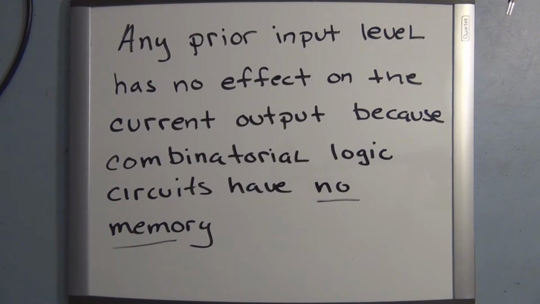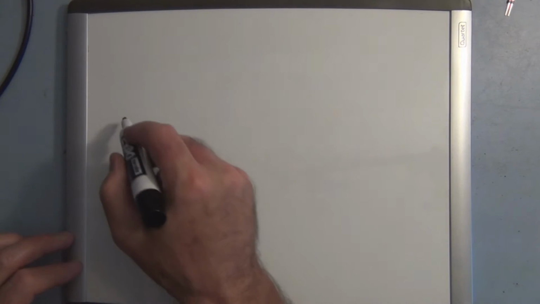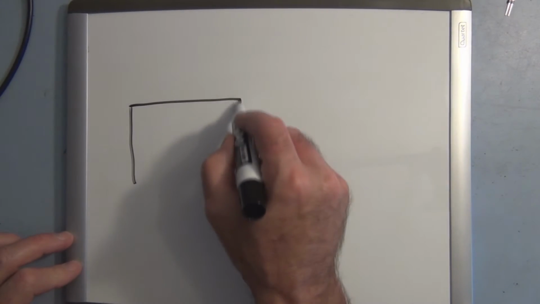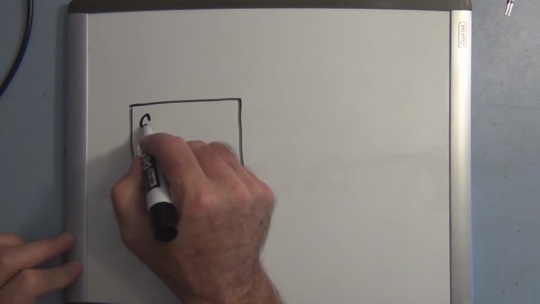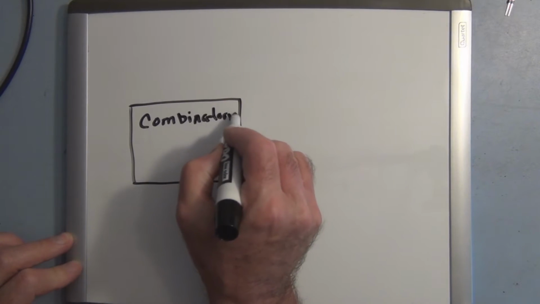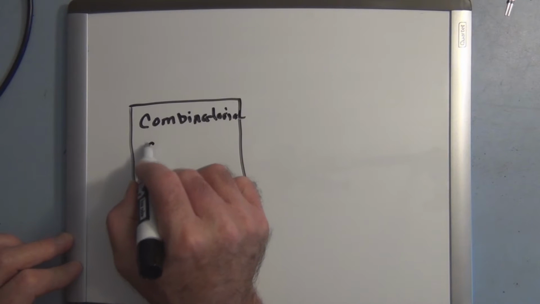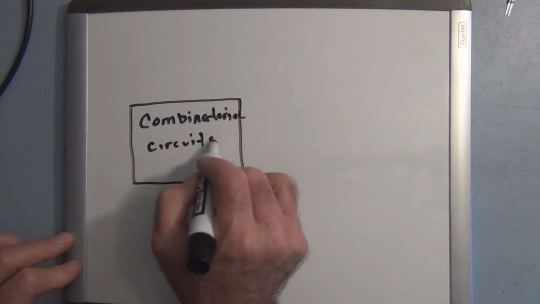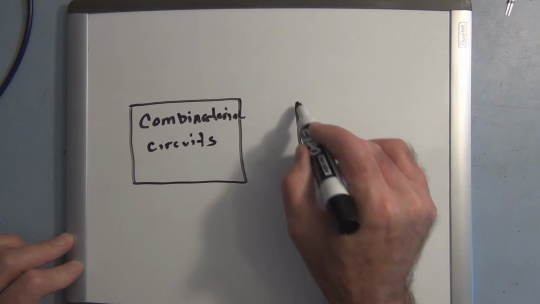So now we're going to introduce a digital memory element. Now most digital systems combine combinatorial circuits with a memory element.